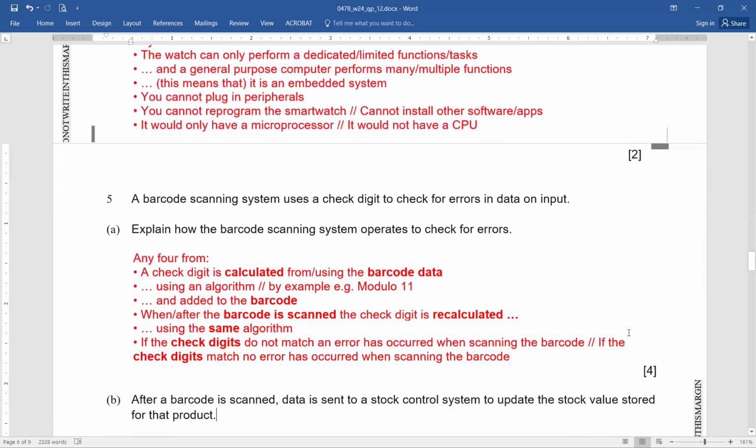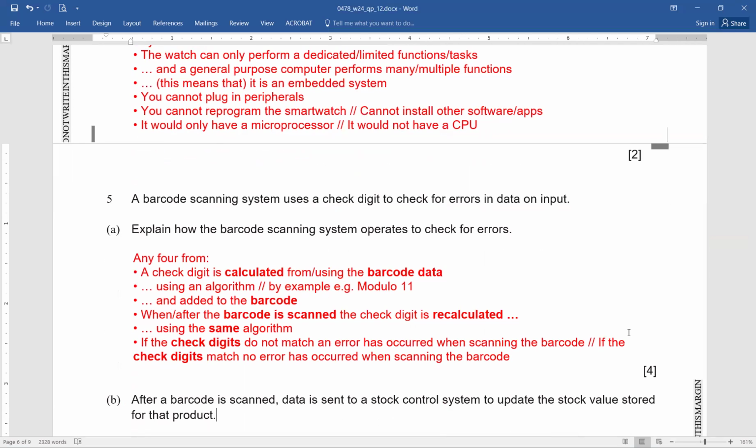So this is what they expect the student to write. A check digit is calculated. First of all, the calculation of the check digit in the beginning will be done using the barcode data, and you can use any algorithm. A student can say modulo 11 or ISBN 13. That's perfectly okay. It's a 4-mark question.